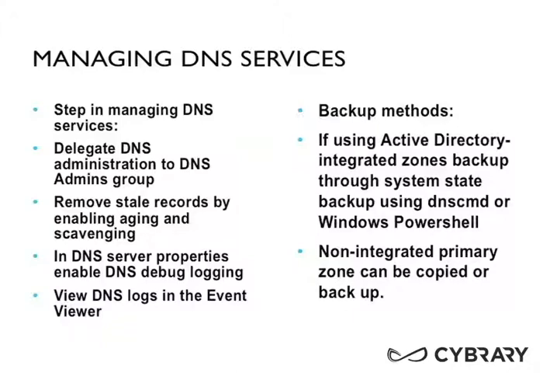With DNS debug logging, we have information such as direction of packets, contents of packets, the transport protocol being used, and type of request. Where do I go to access DNS logging? I go into my DNS console, right click my DNS server, click on properties, then click on the tab that says debug logging.